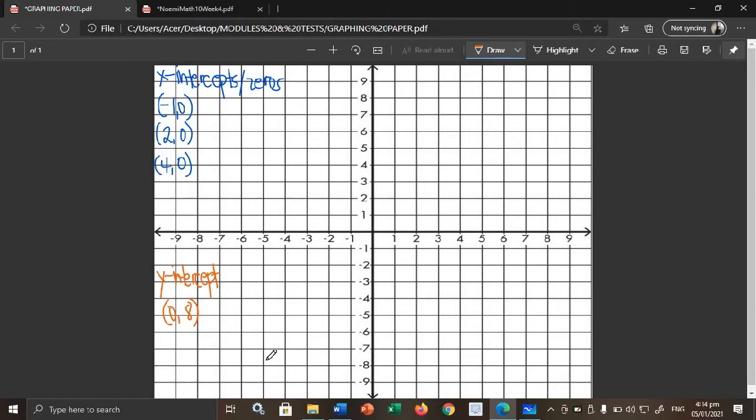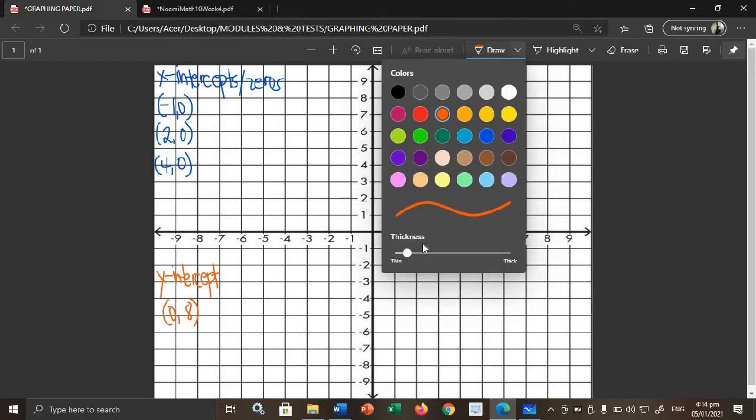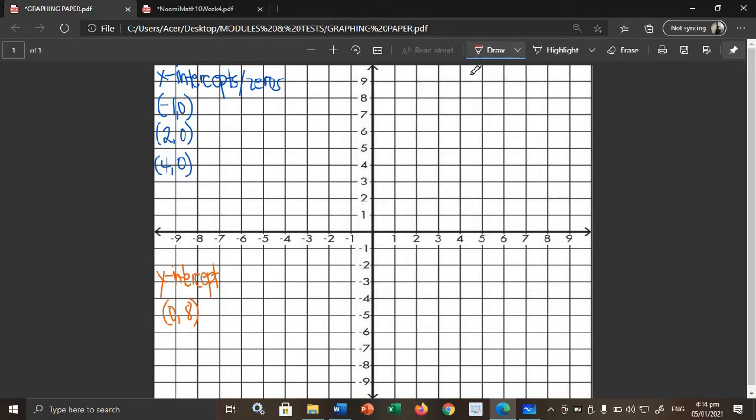So, i-graph natin yung mga ordered pair o yung mga points na yan. So, first, yung mga X-intercept muna yung i-graph natin. So, we have negative 1 and 0. So, the point is right here. Ayan. Negative 1 and 0.